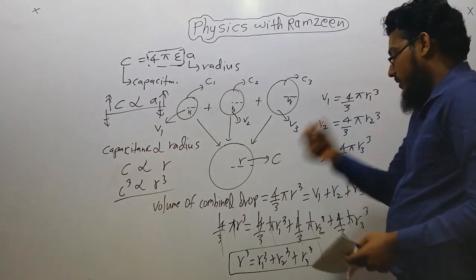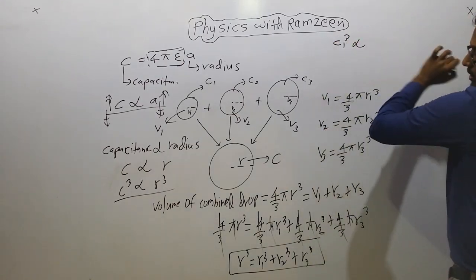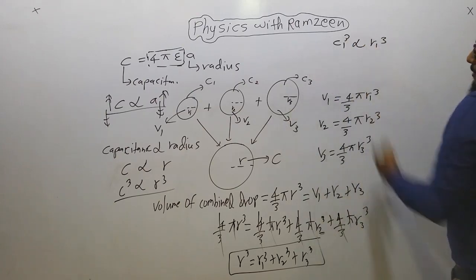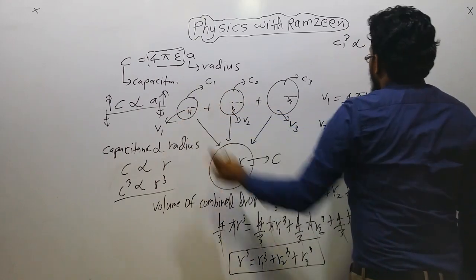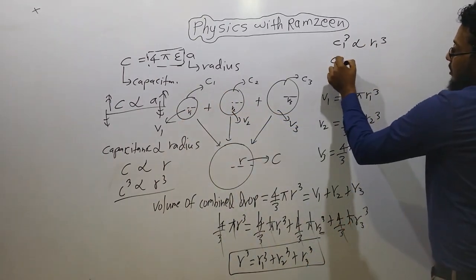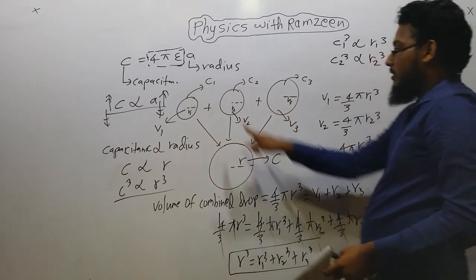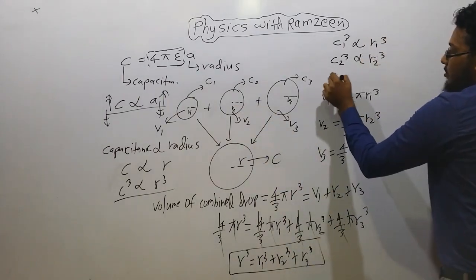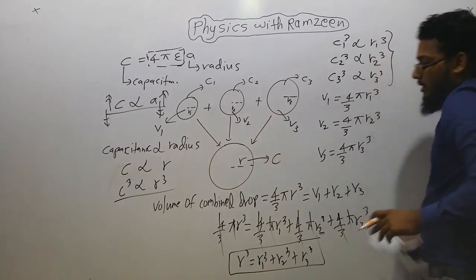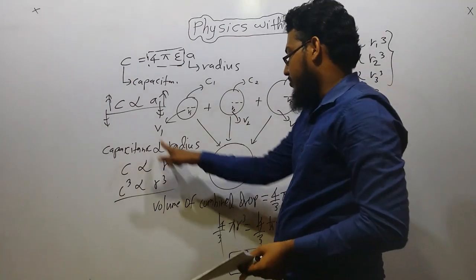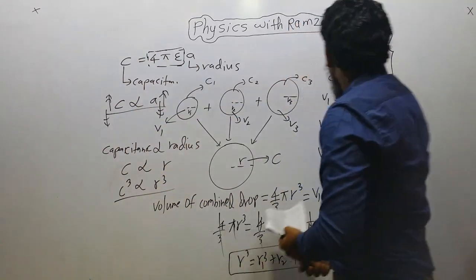Likewise, C1 cube is proportional to R1 cube, the radius of this sphere, and C2 cube is proportional to the radius cube of another sphere, and C3 cube is proportional to R3 cube. Here I got the final outcomes from this equation.